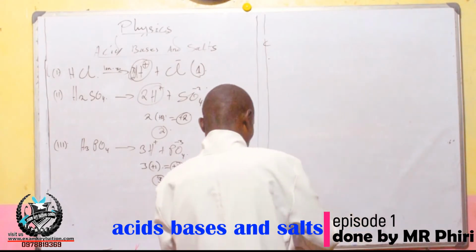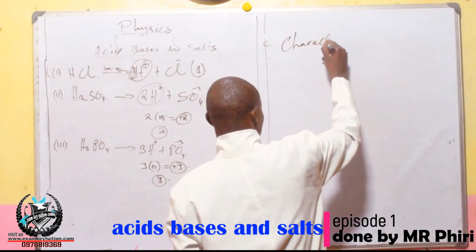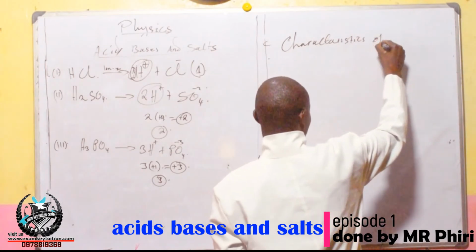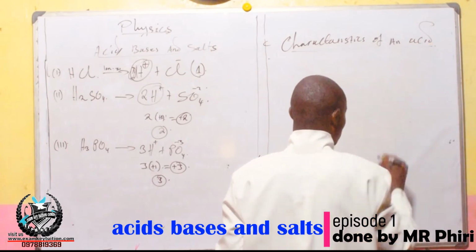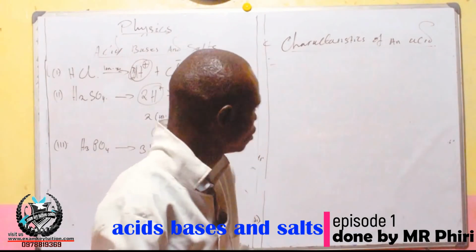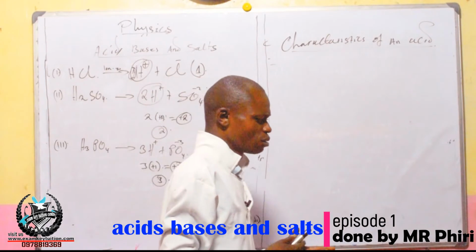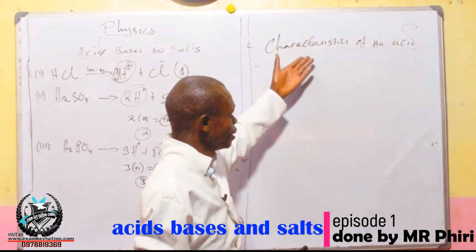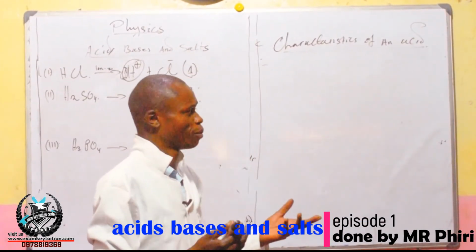The characteristics of an acid. Another word they can use for this is the properties.